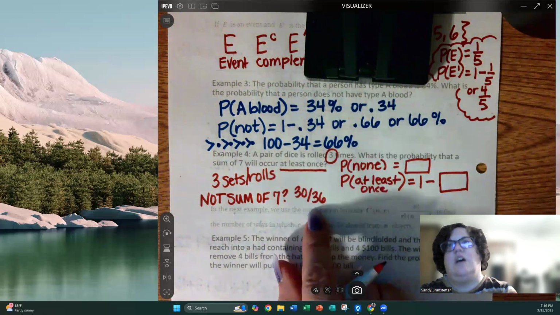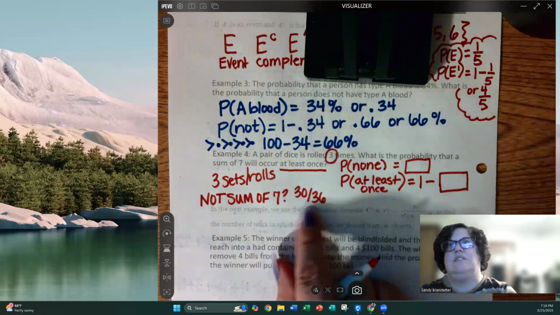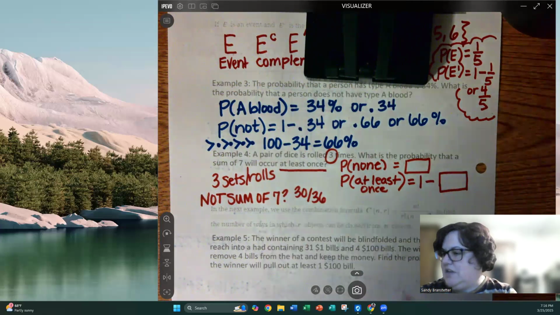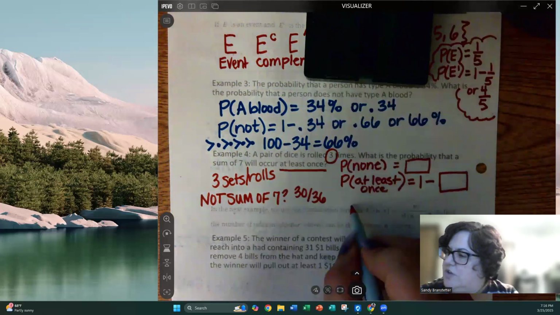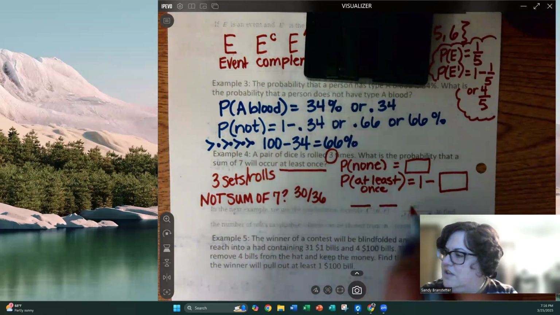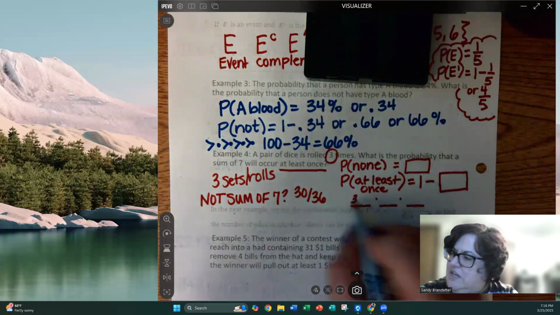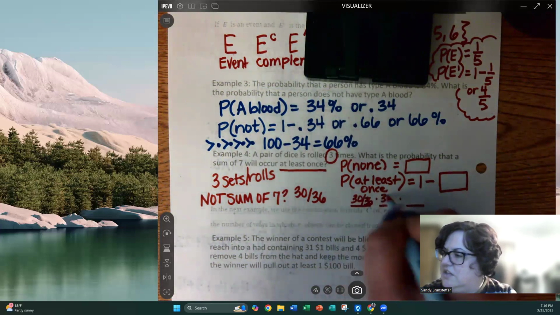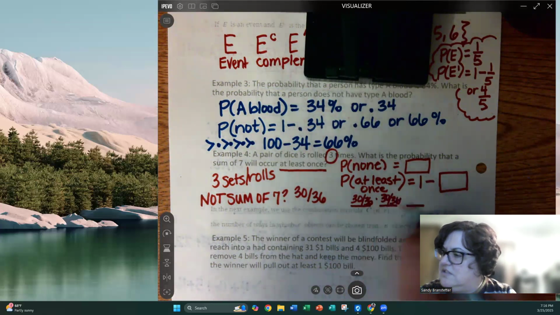So each time I'm rolling it has this probability. So I'm going to draw 3 blanks, and the probability each time is 30 out of 36.